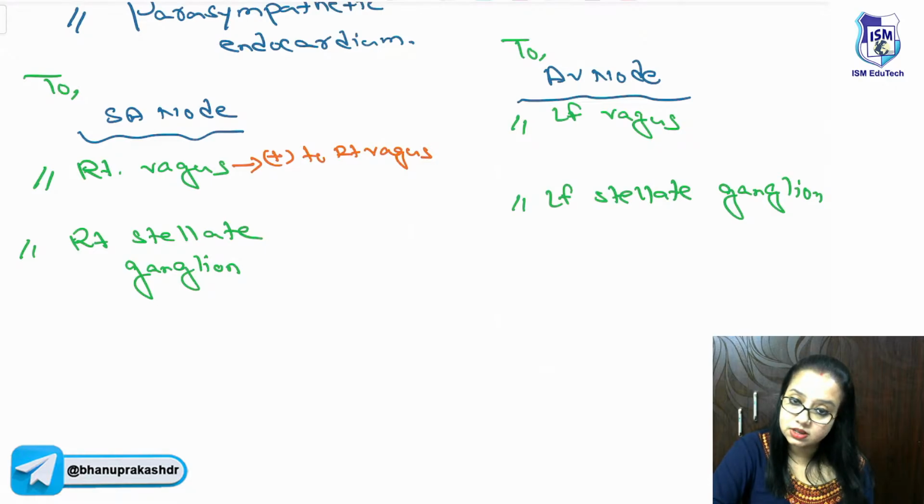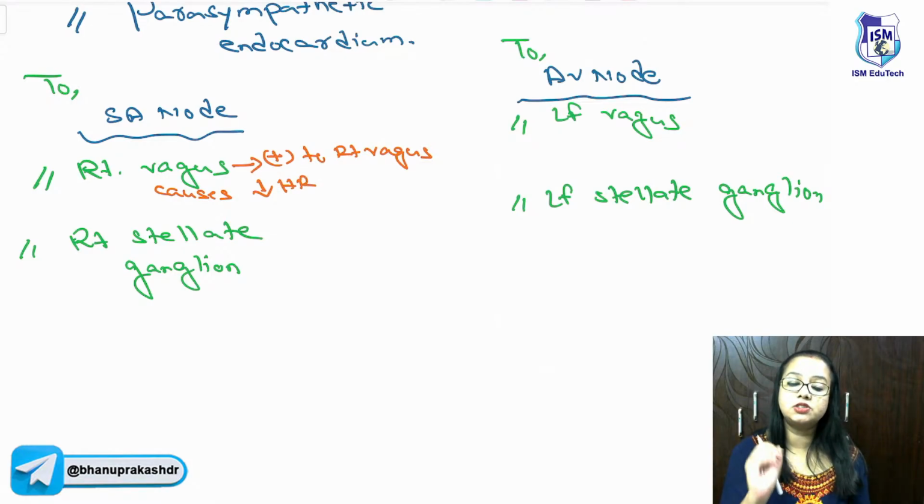So stimulation to the right side of the vagus nerve causes a decrease in the heart rate, because the impulse generating capacity of the SA node becomes slower when the right vagus nerve is stimulated.